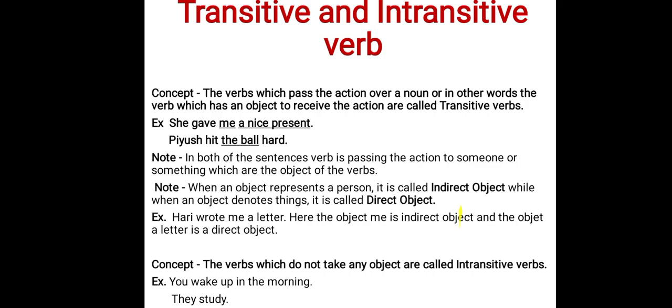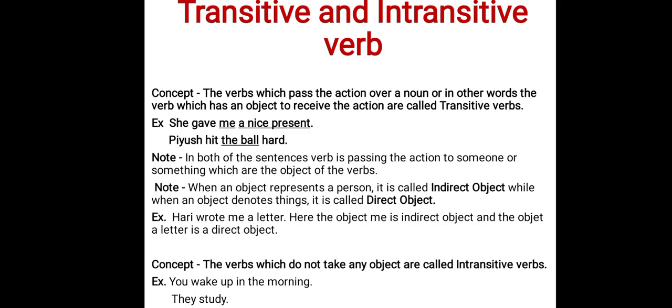Let us try to understand through the examples. The first example is, you wake up in the morning. Here you can see the action is wake up. The verb is wake up, which denotes an action, but here you don't get any receiver. Who wakes? You cannot find the answer of wake up what, or you don't find any receiver of the action.